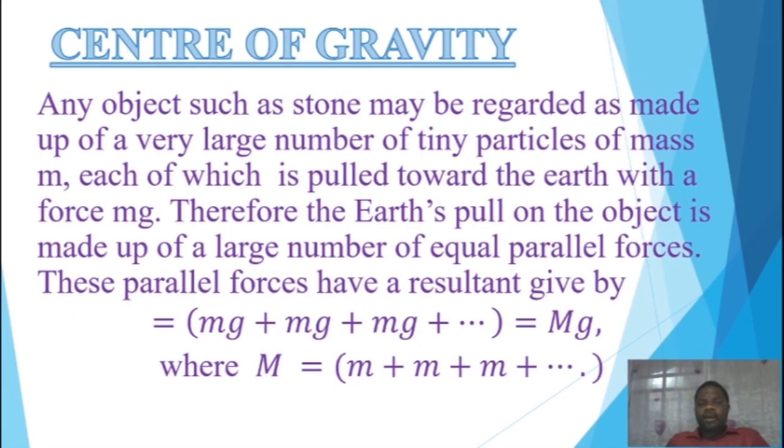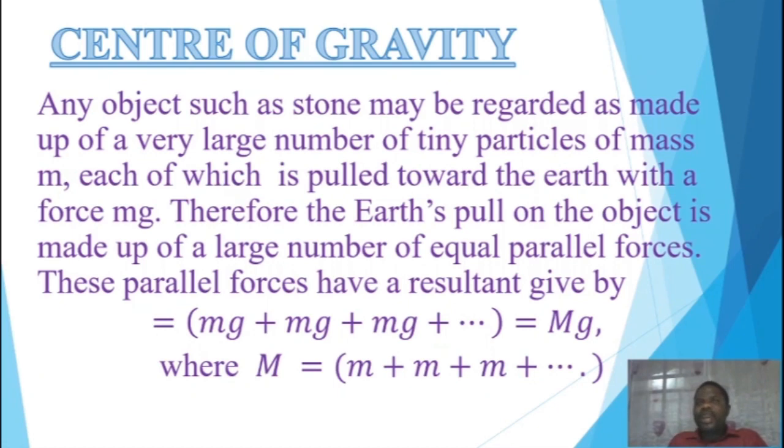Okay? Now we look at the center of gravity. We say any object such as a stone may be regarded as made up of a large number of tiny particles. You know, a stone is matter, and matter is made up of what? The tiny particles, which are the atoms.